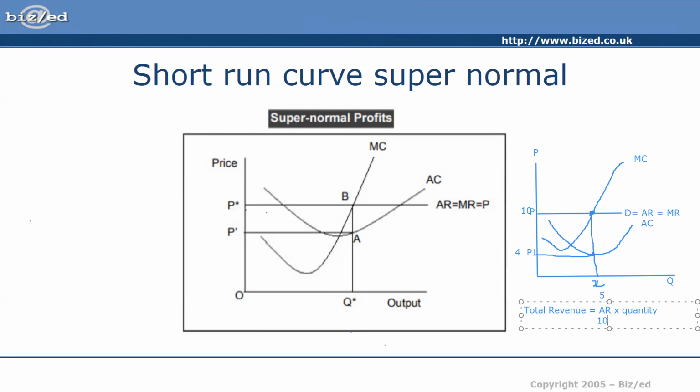And what's the quantity? 5. Which is how much in all? 50. All right. And then my total cost would be my average cost by quantity. My average cost is how much? 4. Quantity is 5, which is how much? 20. So my abnormal profits will be how much? 30.